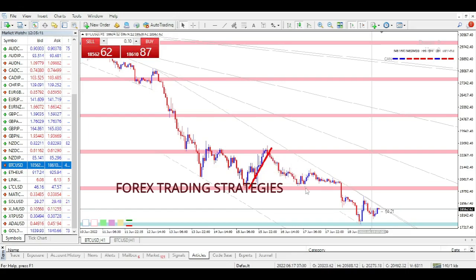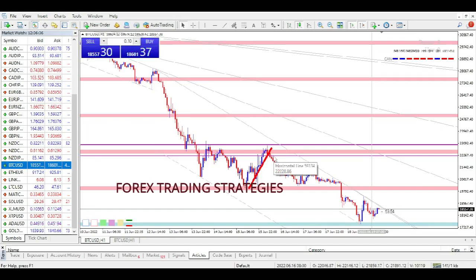Then, lastly, you also want to understand your risk to reward ratio. Risk to reward ratio is important. The way I trade is good for me because I can put my stop loss there, and I think I've demonstrated this in previous videos on this channel.